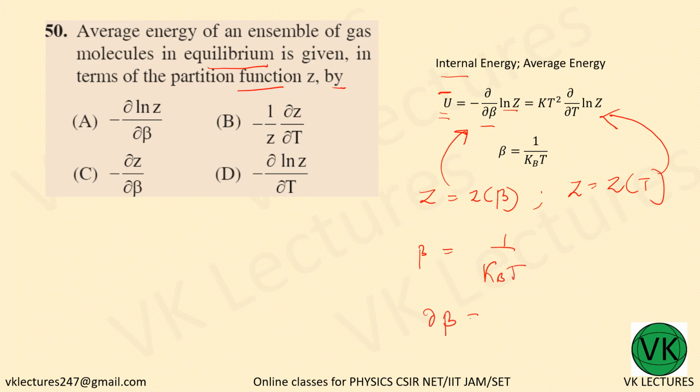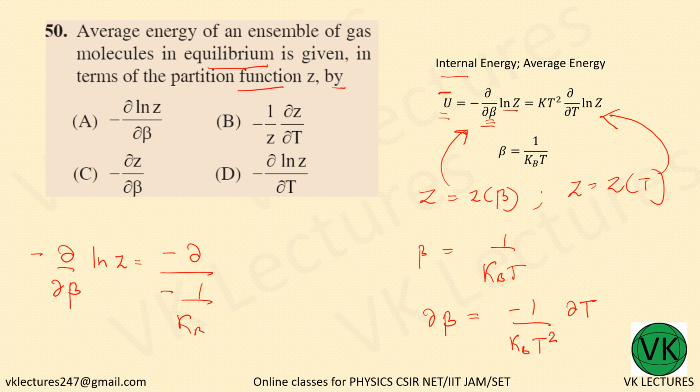Now ∂β is nothing but minus 1 by k_B T squared ∂T. Now just substitute ∂β here. What you are getting is, minus ∂/∂β log Z is equal to minus ∂ by, instead of ∂β we will write minus 1 divided by k_B T squared into ∂T.